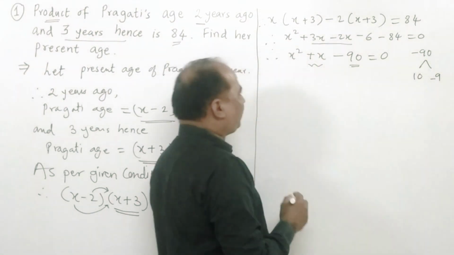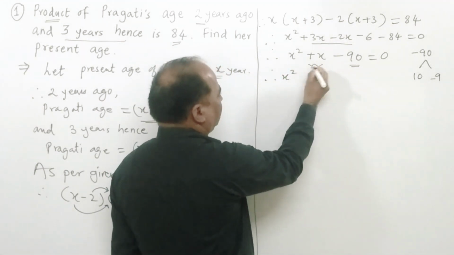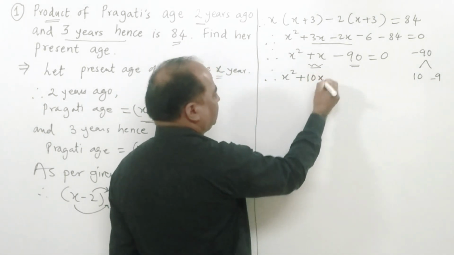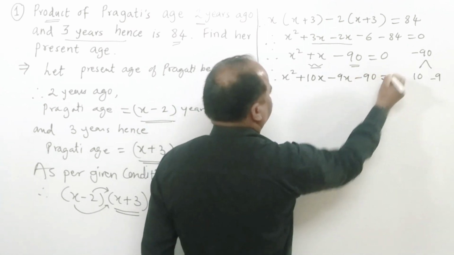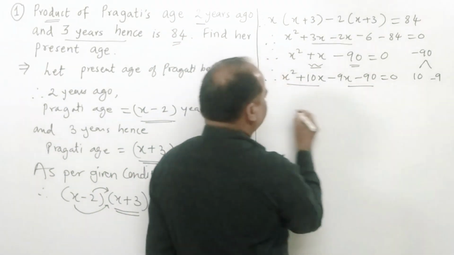These are the right factors. Therefore, split the middle term: x square plus 10x minus 9x minus 90 is equal to 0.